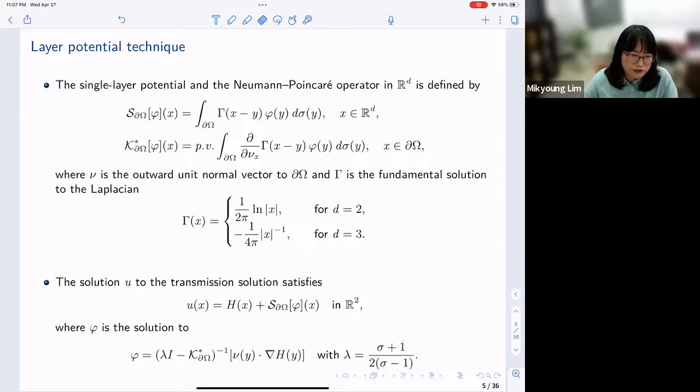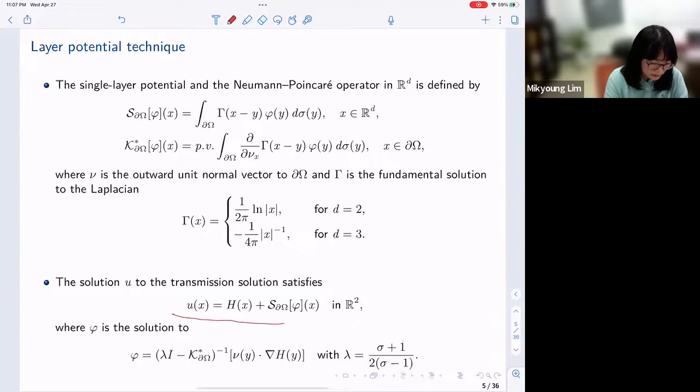And the solution u to the transmission problem has the following expression: u equals the background solution H plus the single layer potential with the density function phi given by the solution to the boundary integral equation.